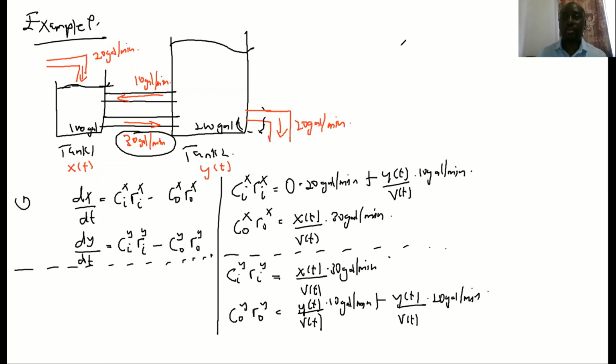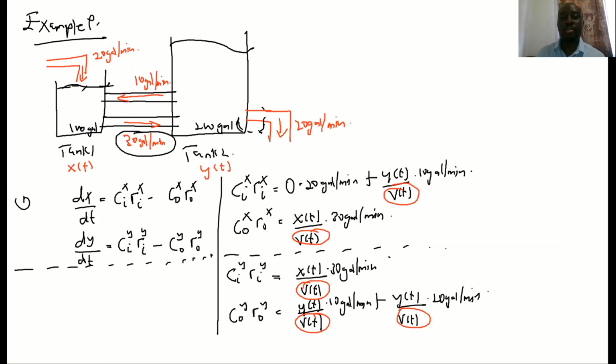Now, the only thing that we have to think about is what is the volume of brine in the tanks at any point in time. Let's think about what is going on. We start off with 100 gallons. Every minute we gain 20 gallons from the pure water, and then we gain 10 gallons from tank 2. So we gain 30 gallons, and then we lose 30 gallons every minute.